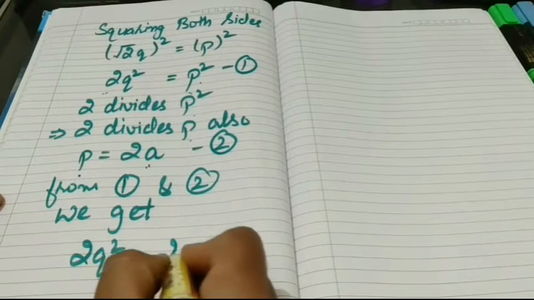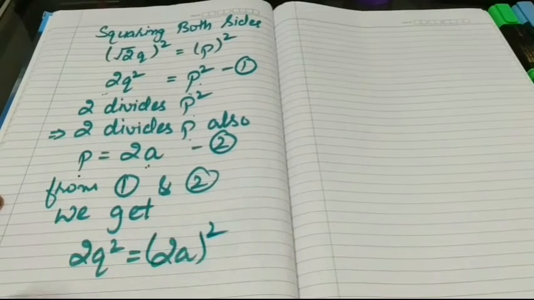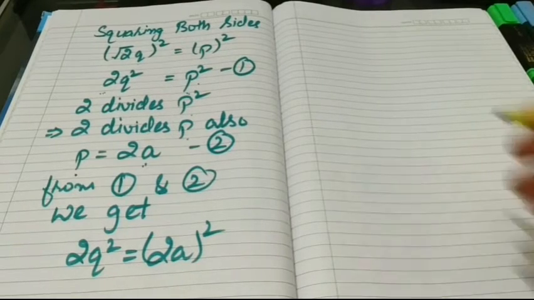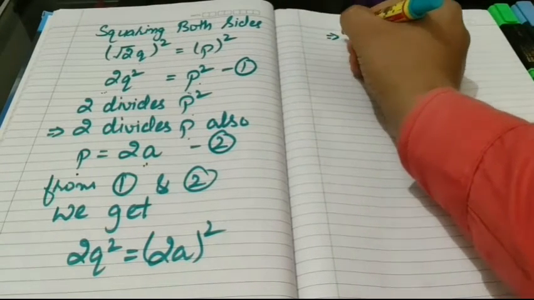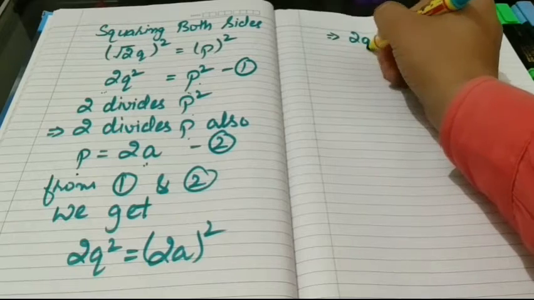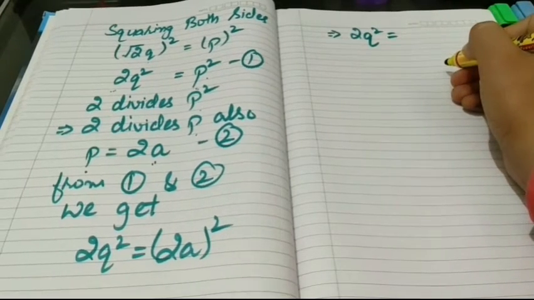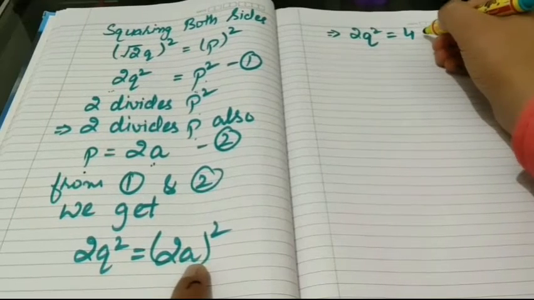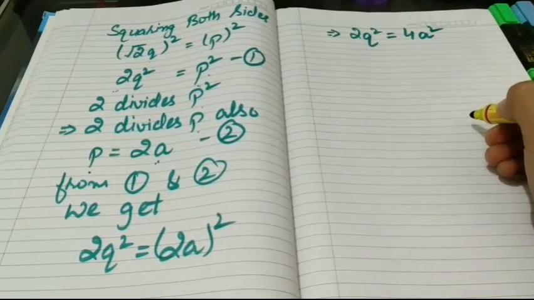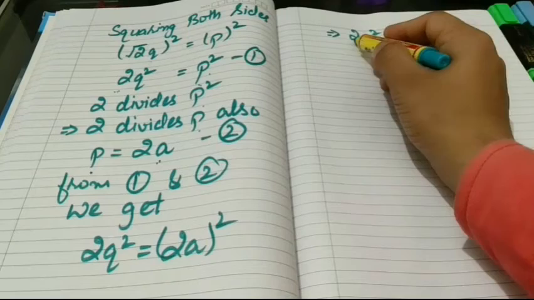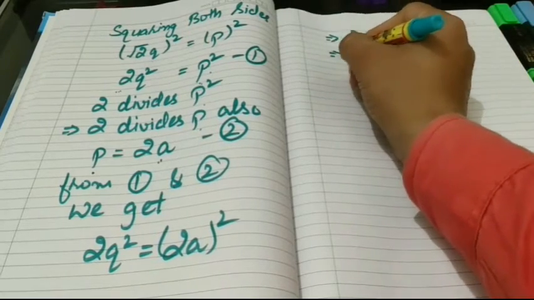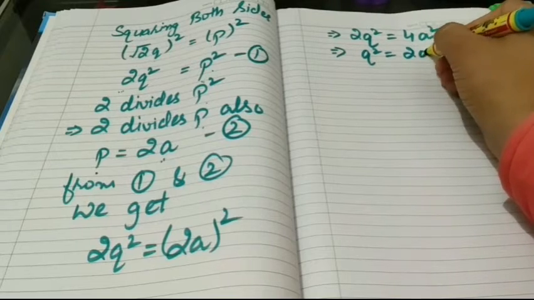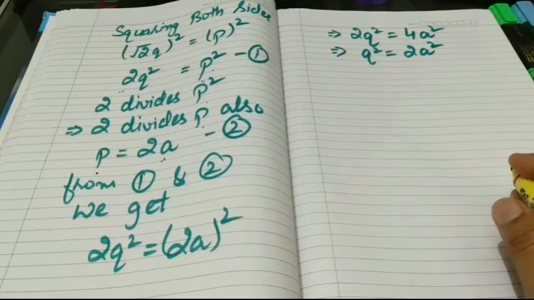It will become 2a the whole square. So 2q square equals 2 square, which is 4, and a square will remain a square. In the next step, when we shift this 2 to the right side, we get q square equals 4 upon 2, which is 2a square. This is by cross multiplication.